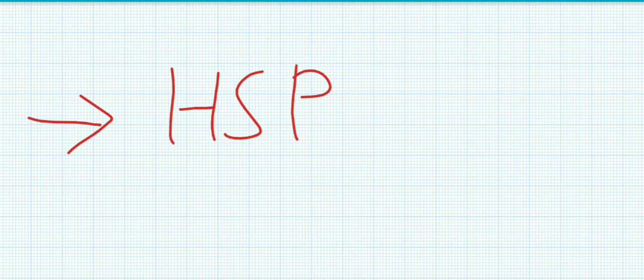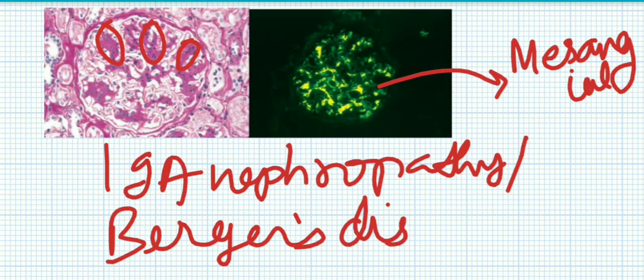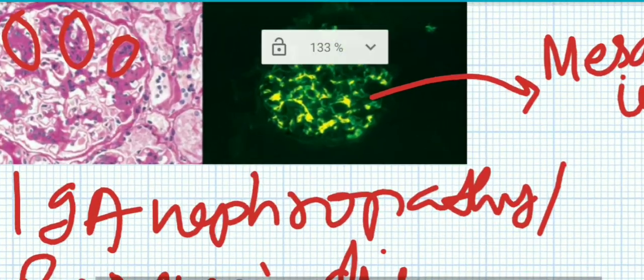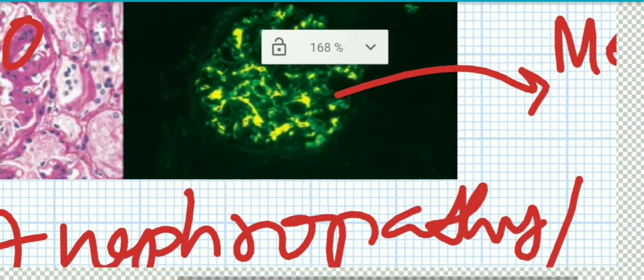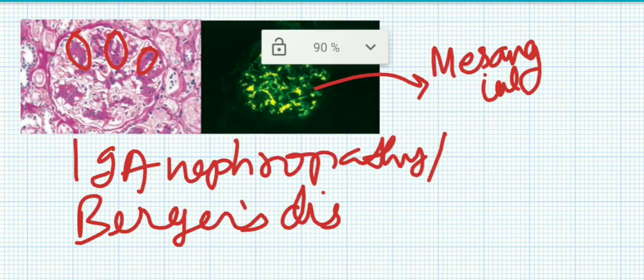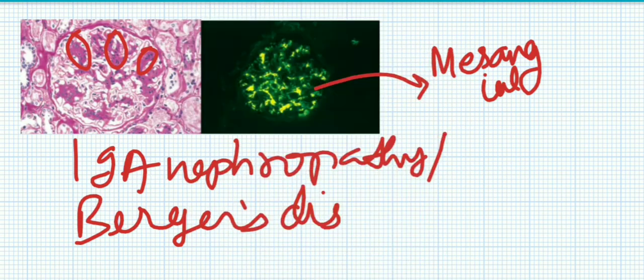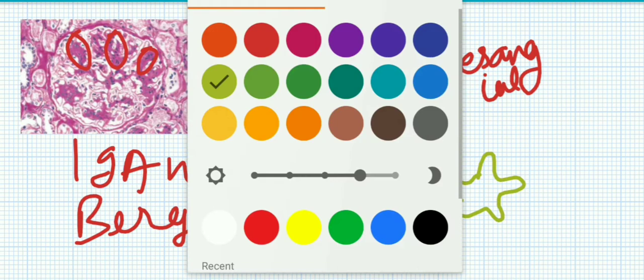So we have already said something about the immunofluorescence and what the components are in this mesangial immunofluorescence. You can see in this picture, it is almost like this is the basement membrane, or this is the glomerular capillary.